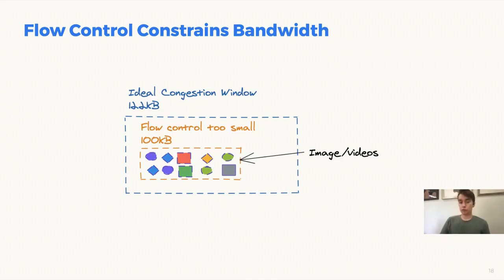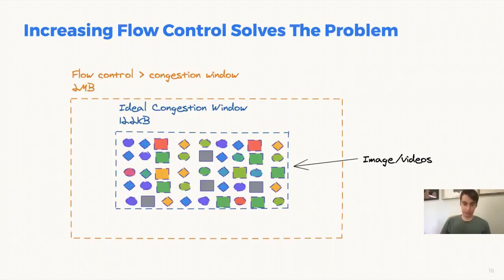So if the flow control is set at 100 kilobytes, then the sender has no choice but to respect that, and it's unable to fully utilize the link. In this case, the flow control is too small. It's 100 kilobytes, less than 122 kilobytes. And so all that image and video data is constrained by what it could potentially send simply from the flow control. So next slide.